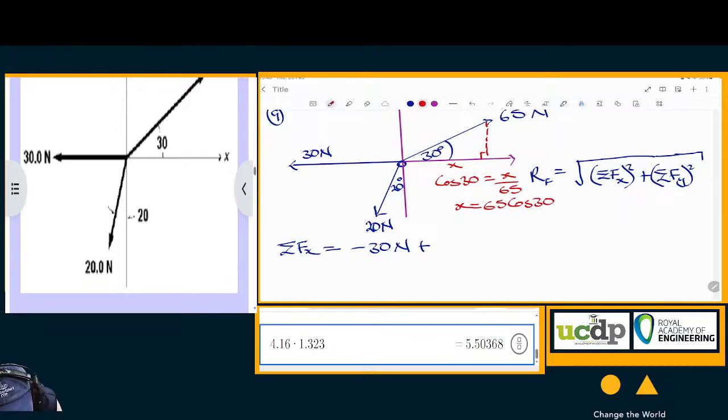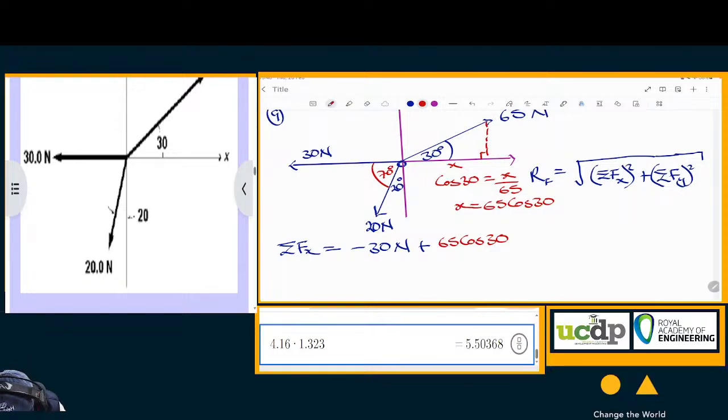We're just reminding each other on resolving. So that will be 65 cos 30. And which other force do we have in the x direction? You can resolve the 20 newton force along the x-axis. This angle is 70 degrees, as you can see, and angles in a right angle add up to 90.